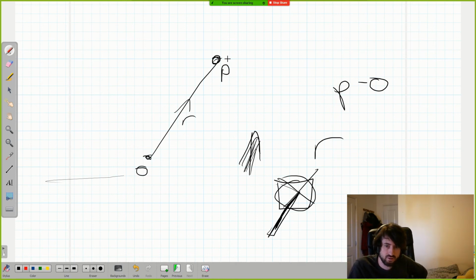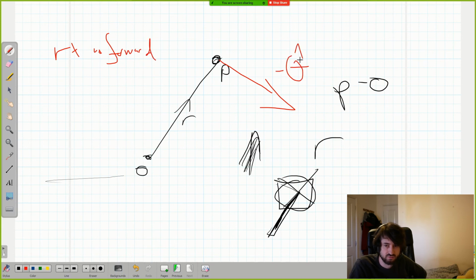So if we do R cross vector 3 dot forward, then we'll just get the minus theta direction. And if we do R cross with back, vector dot back, then we'll get theta in this direction. So that's what I did.